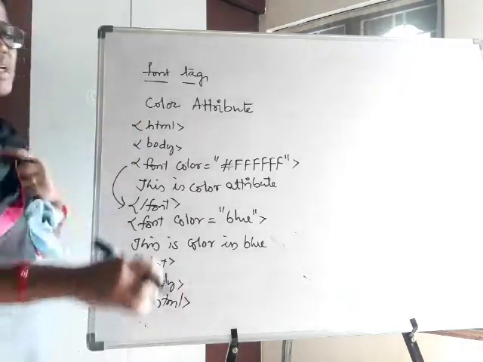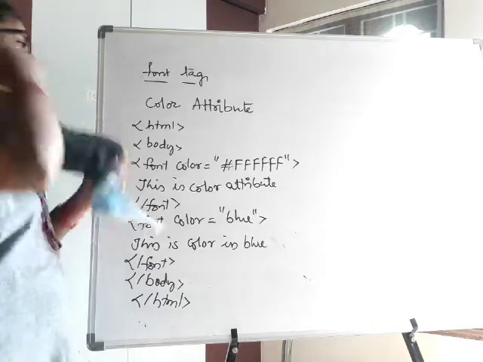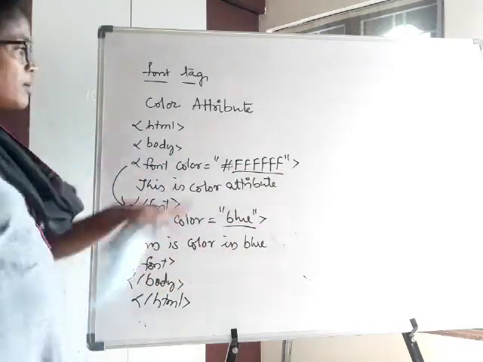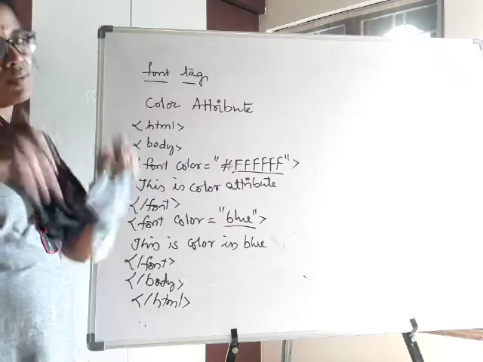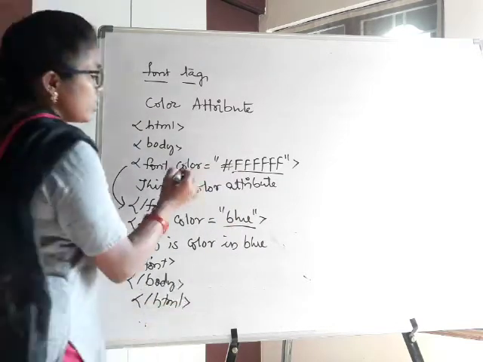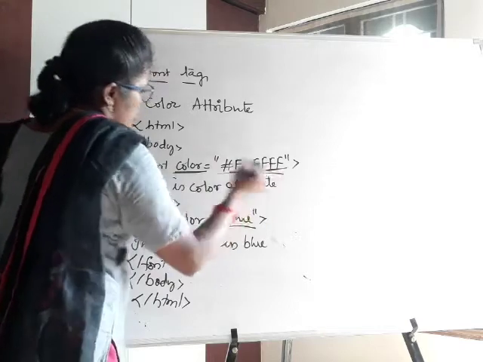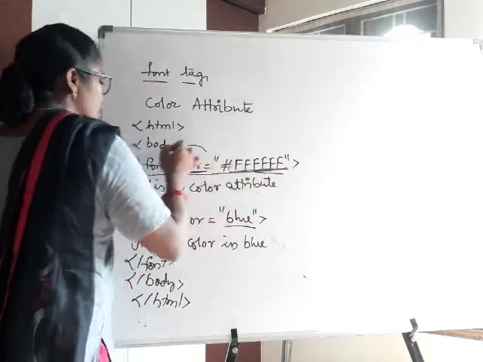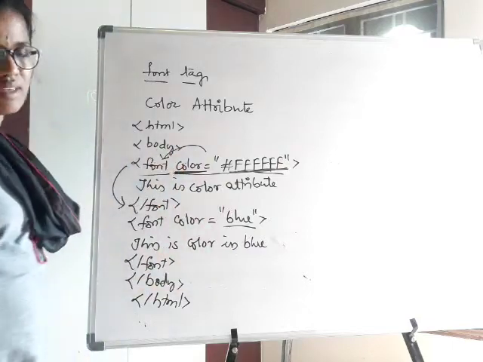Right? So that means we can write the colors in hexadecimal format or normal colors, but they need to be enclosed in double quotes. Okay, so here this is the property, whereas this is the value assigned to this tag, and totally this is called an attribute to font tag.